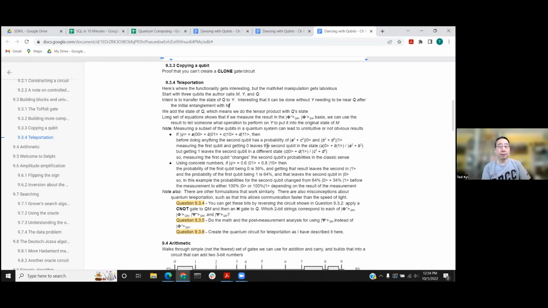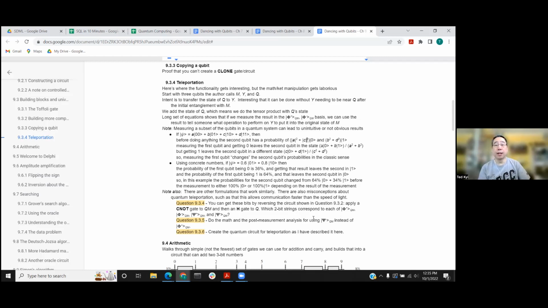Before we do anything, the second qubit has a probability of, I should actually have absolute value bars on these, absolute value of A squared, I keep forgetting these are complex numbers, and absolute value of C squared.